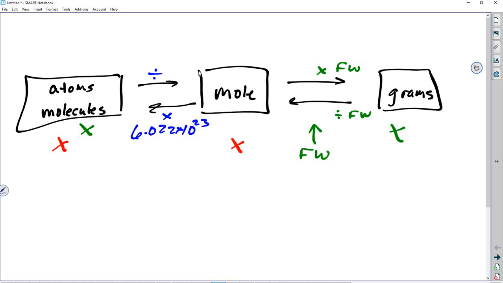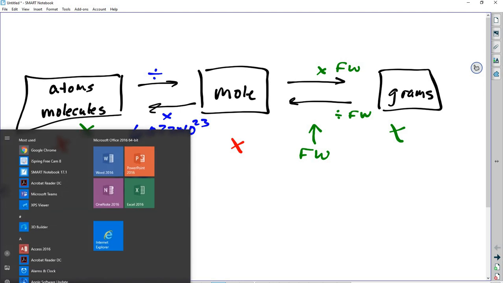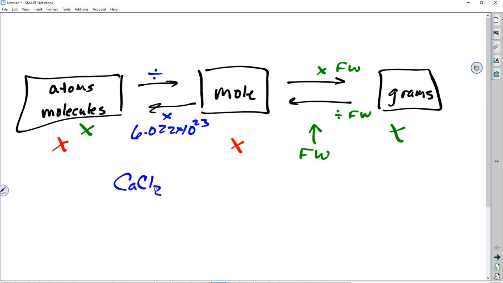The only other thing that you need to know is if you have a compound, say that I have CaCl2, and it asks for how many atoms of chlorine. Once I find molecules of chlorine, then I'm going to have to do it over here.